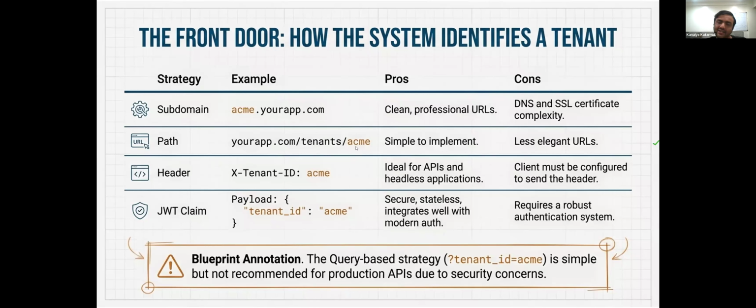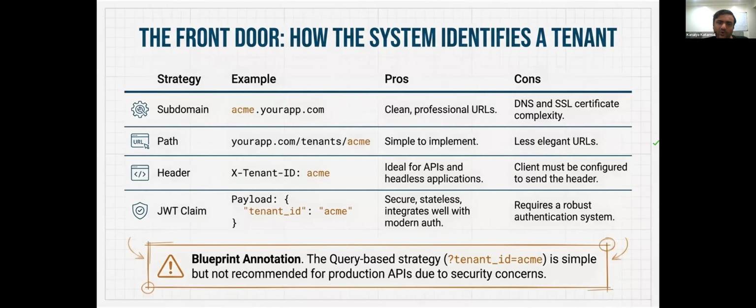Third, we can send the tenant ID in every request in the HTTP header. Fourth, after login, we inject a tenant ID in the JWT token. And fifth, we can pass the tenant ID in the query parameter. I don't recommend the fifth option, but there are these five strategies for identifying the tenant ID.